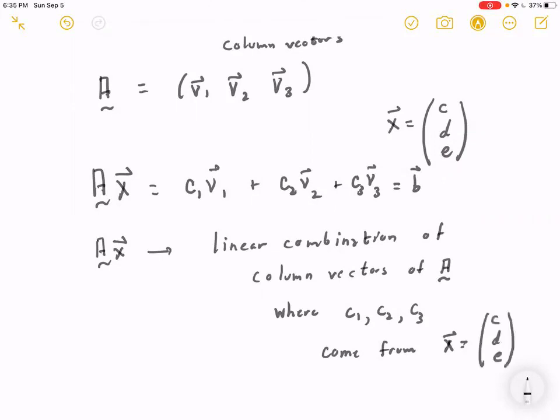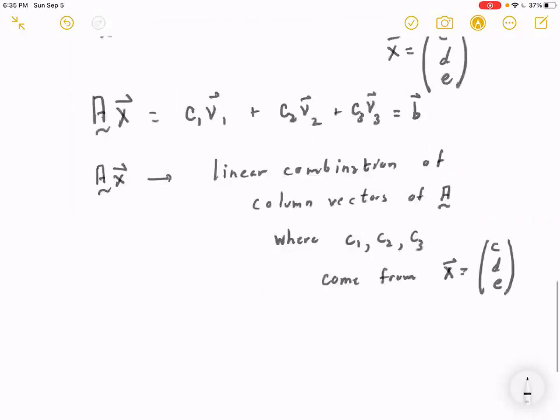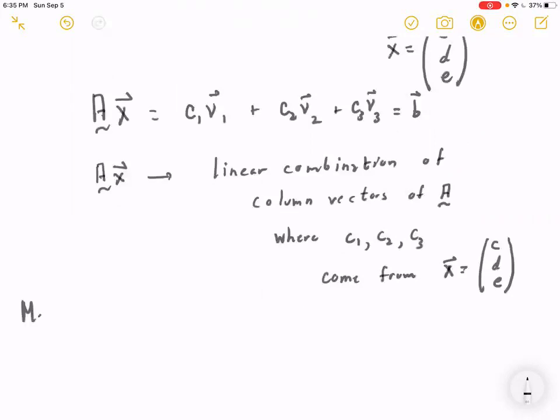Vectors are matrices. So there are at least two ways to view matrix multiplication.